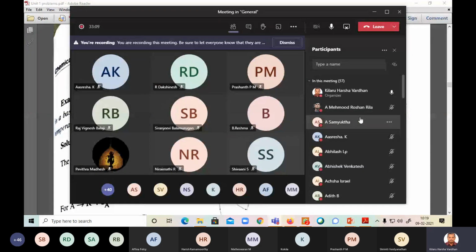Yeah, 57 participants are there, excluding me, 56. Vignesh, please take the attendance. Vignesh, I think you can create one Google form here so that they can give the attendance there. You can send a link so that they give it there. Then immediately you can see who is absent. This is my suggestion. That's up to you. Whatever way you are convenient, you do it. Because the other class in EC, the organizer, the coordinator, is giving a Google form in the chat box.